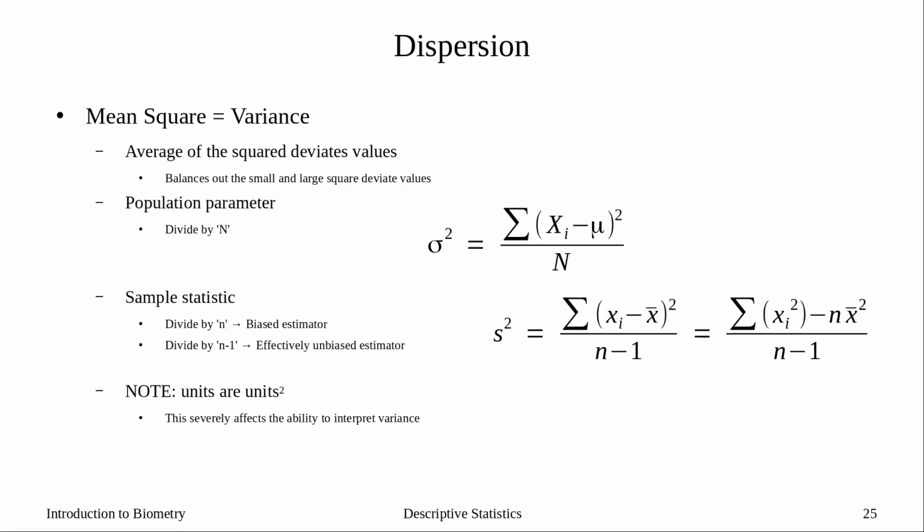So a variance is also called the mean square. It's the sum of squares, and then we divide by our sample size, which is basically the mean itself, right? A mean is the average of our values divided by the sample size. Well, the mean square is the average of our squared deviates.